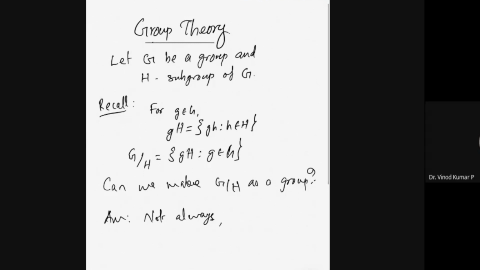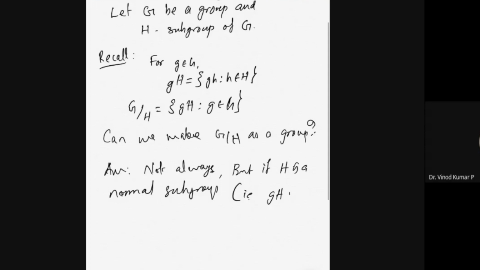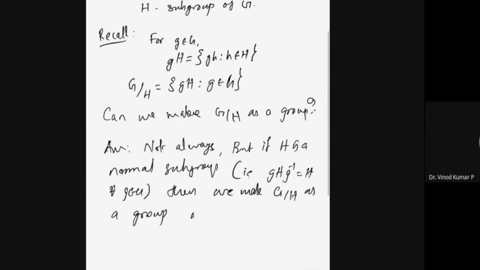But if H is a normal subgroup, that is, gHg inverse equals H for all g belongs to G, then we can make G/H a group with the following operation.